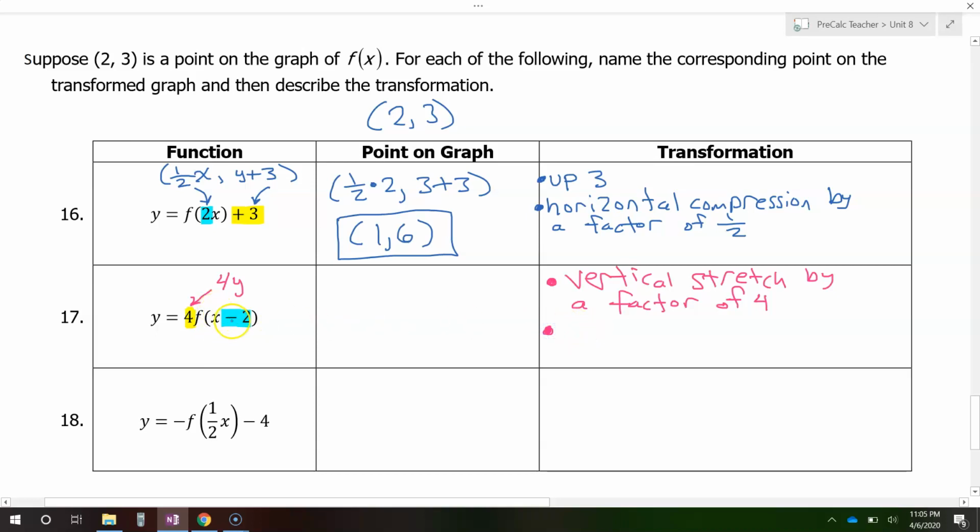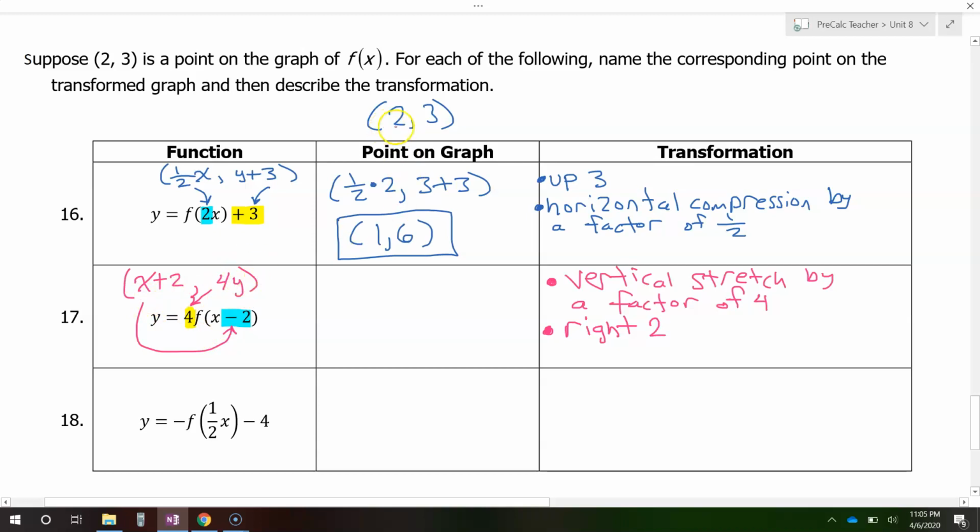So you would think minus 2 would move you to the left, but actually it is going to be a translation right 2. So we're going to take our x values and add 2, because it's to the right by 2. That came from this guy right here. So these are the transformations.